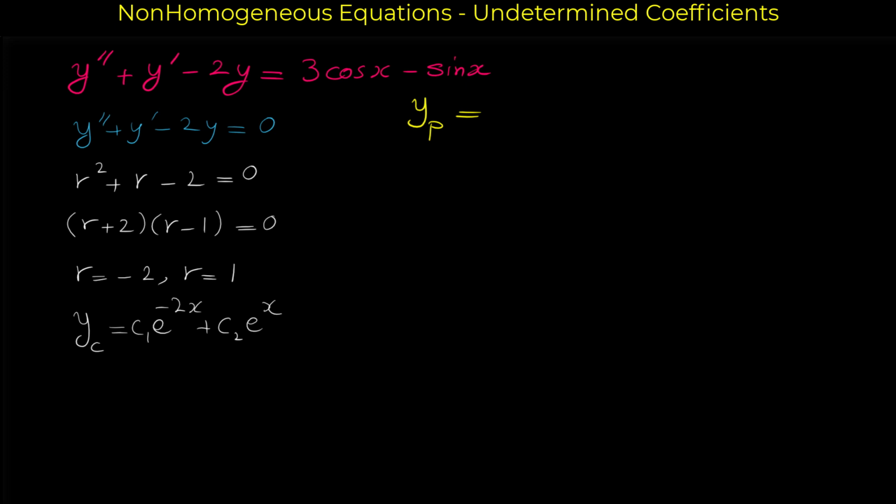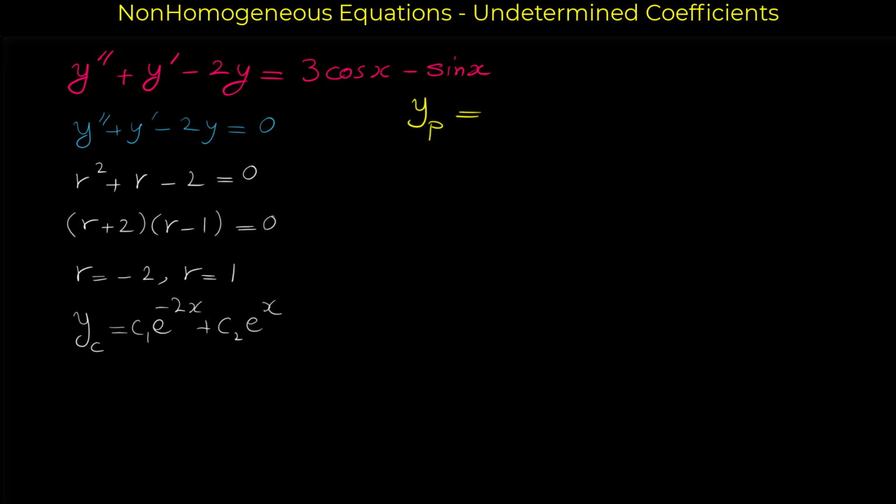So we can guess that the only function whose second derivative plus its derivative minus 2 times that function can be equal to cosine or sine is again sine and cosine. You don't know any other function whose derivative is equal to sine or cosine. So it's really easy to guess that the particular solution should be a combination of cosine and sine.